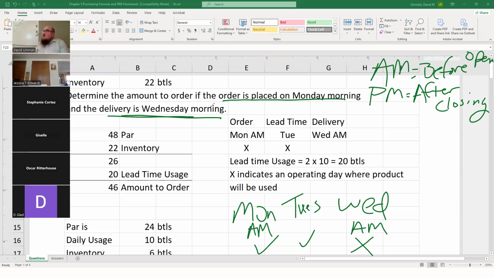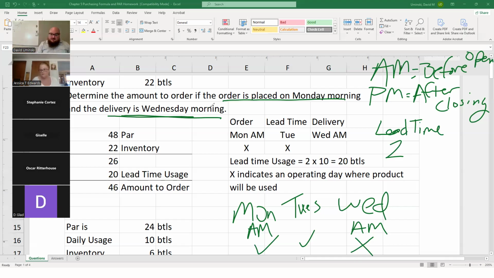So my goal is when that truck drives away, I'm up to par. And then I can start Wednesday at par. So if we look at this, how many check marks do we have? Two. So that means my lead time is 2 days. And then my usage is what? Let's look at the top.